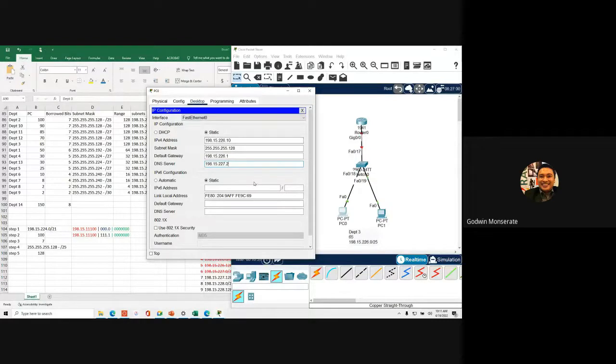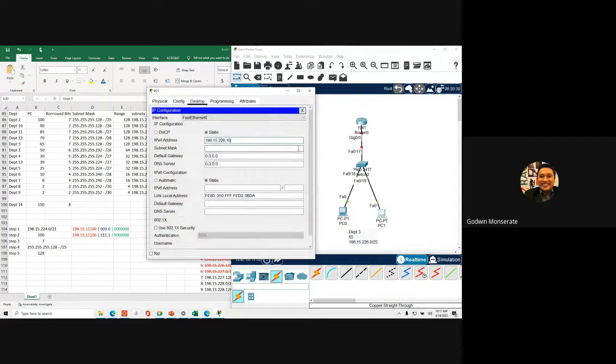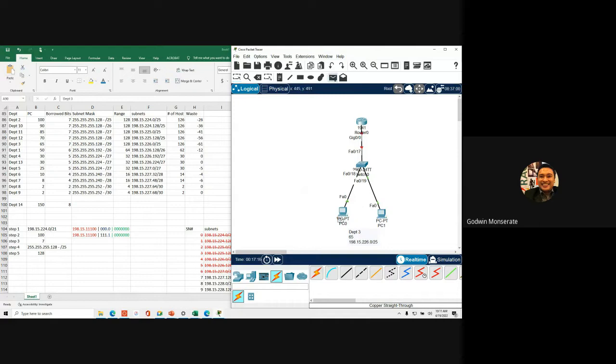So, kaning computer will be at 11, that 128, at 1, and that 227.2. Okay? So, can we ping the network?